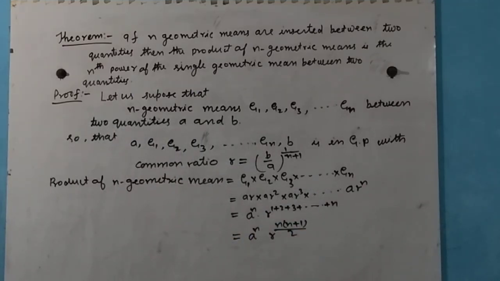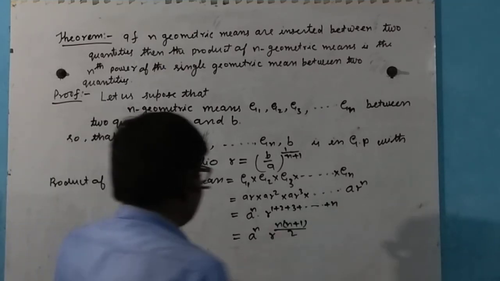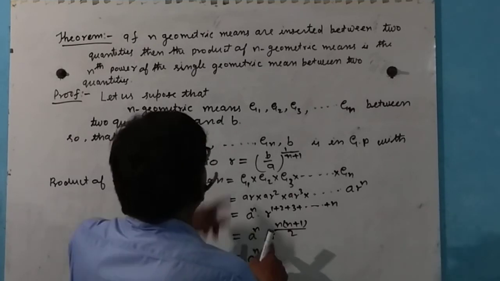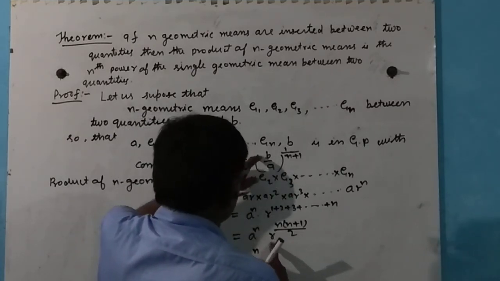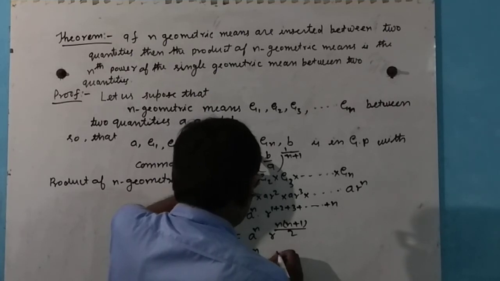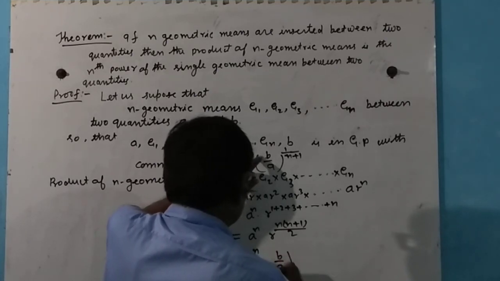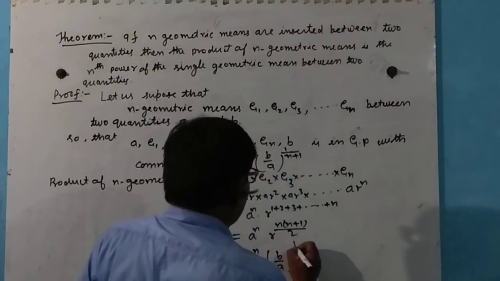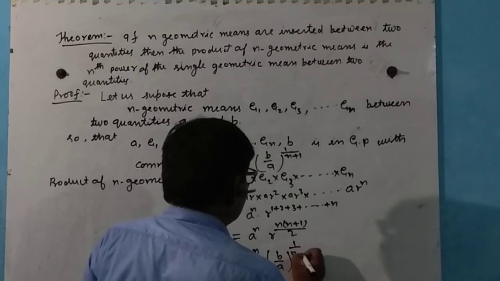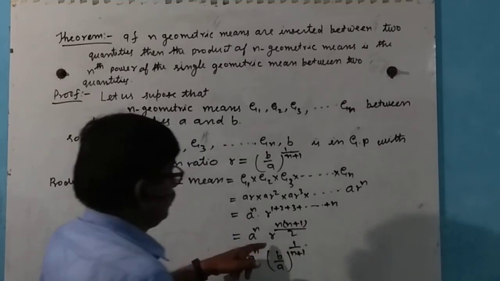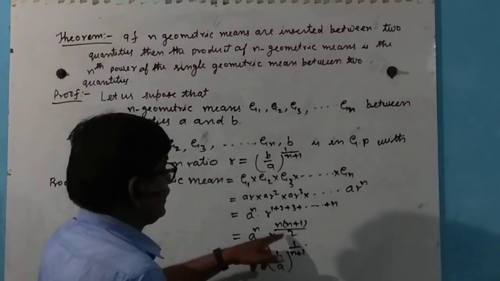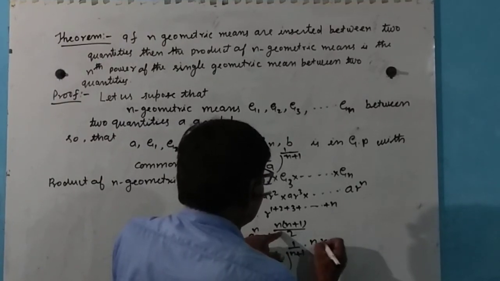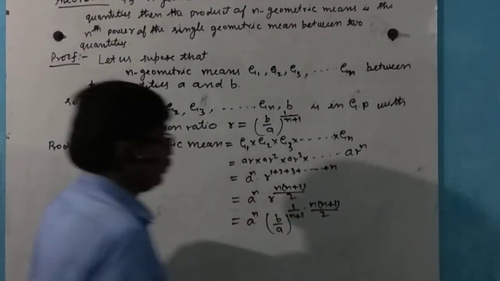Now we put the value of r, which is (b/a) to the power 1/(n+1), into the power n(n+1)/2.